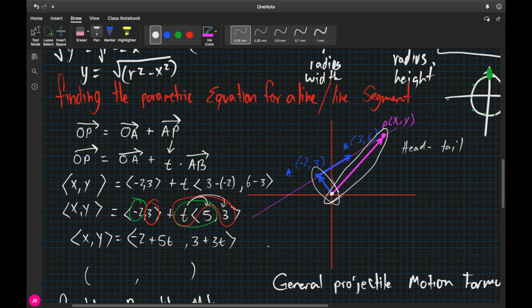And since that vector has an x and a y value, and that x and y value happen to be -2 plus 5t, and this happens to be 3 plus 3t, then it would make sense that this vector right here is our parametrization of any single point on this line.